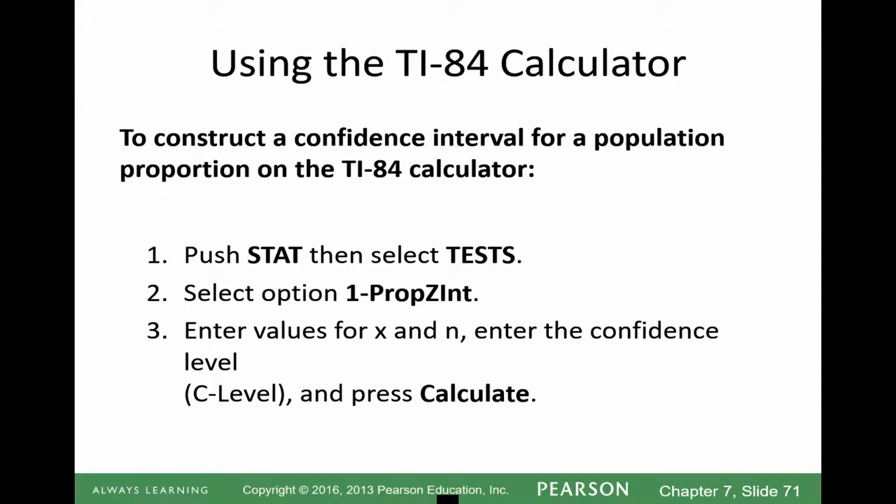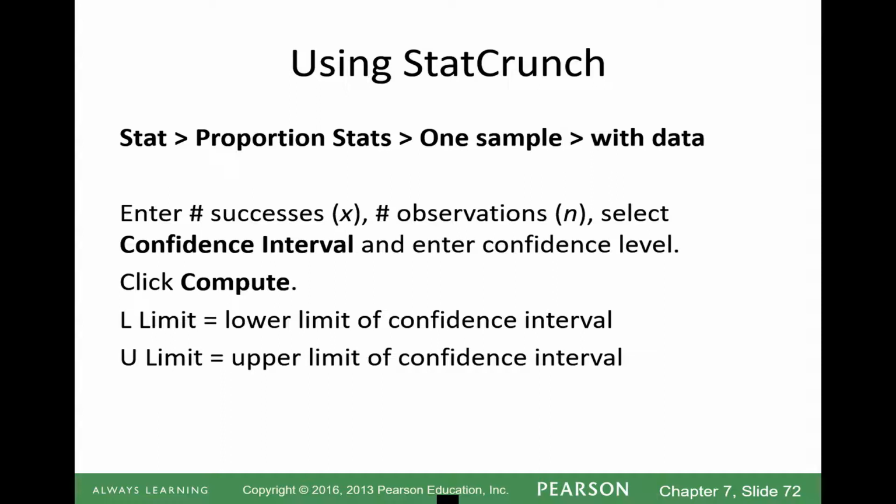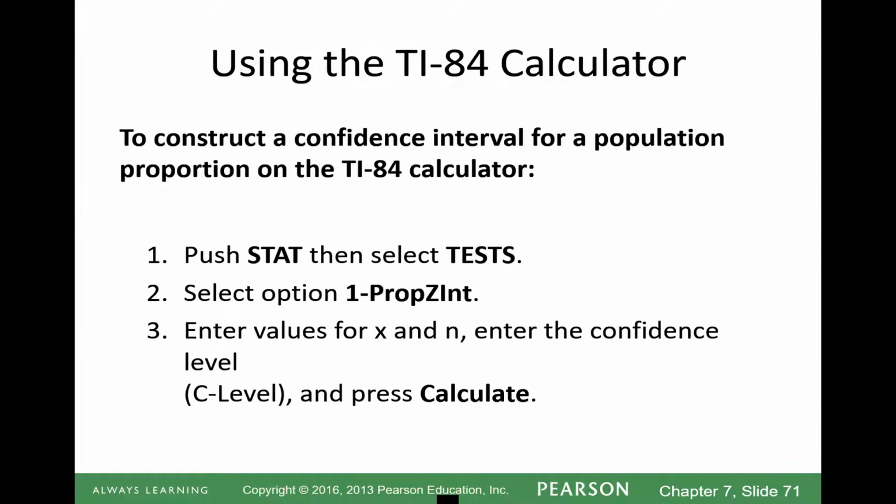Now, they talk about how to do it on a calculator, and then they talk about doing it using StatCrunch. All the calculator will do is give you the interval, but it won't give you the standard error or the margin of error.